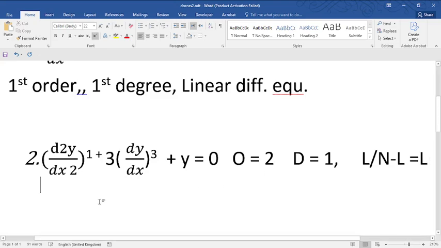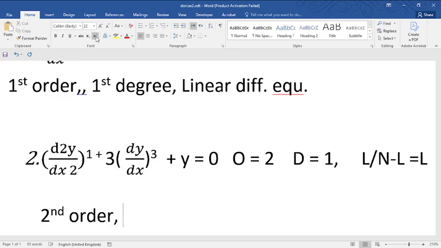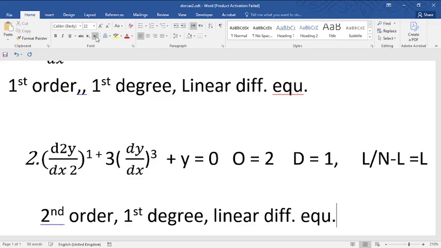So if you want to name this kind of particular equation, you are going to say you are having a second order, comma, first degree, comma, linear differential equation. So that is for the second question.